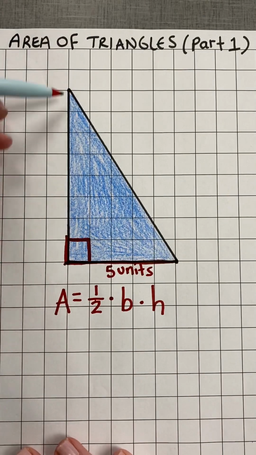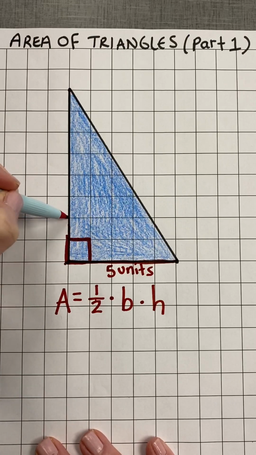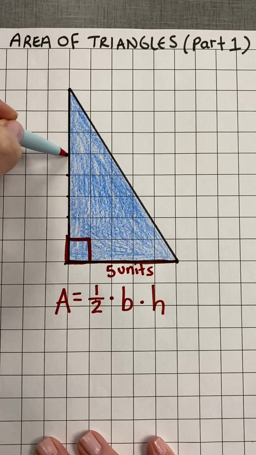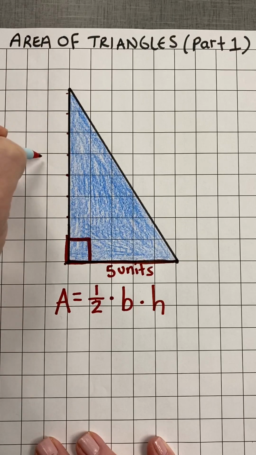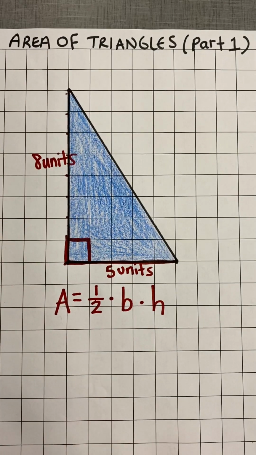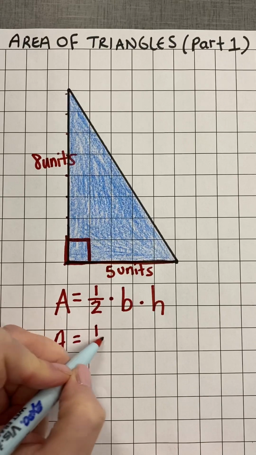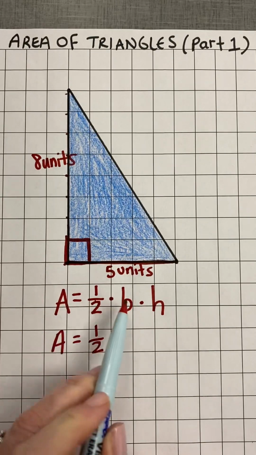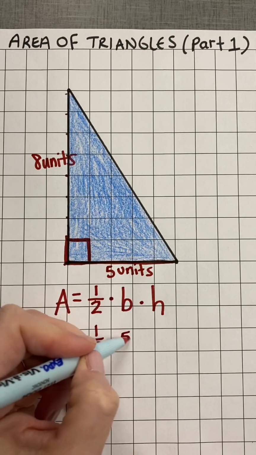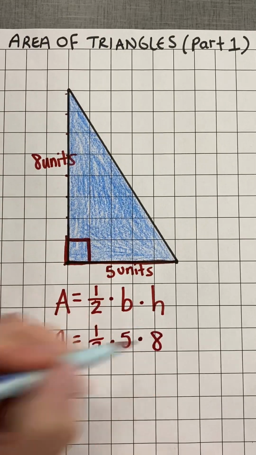And let's count our height, or the tallness of our triangle. 1, 2, 3, 4, 5, 6, 7, 8. So 8 units for height. Now all we have to do is plug and chug through the formula. So area is going to equal 1/2 times the base, which is 5, times the height, which is 8.